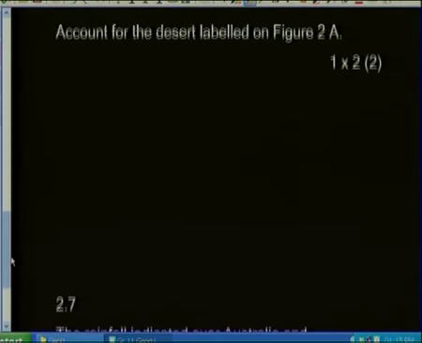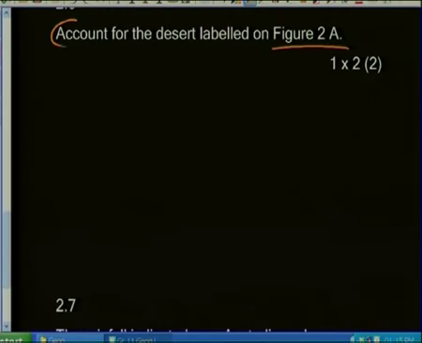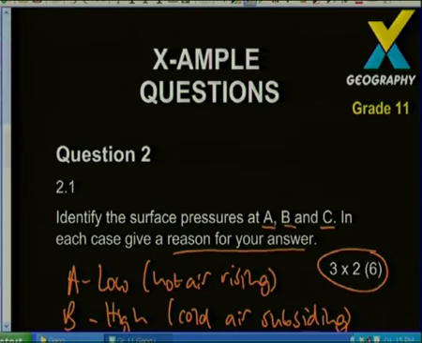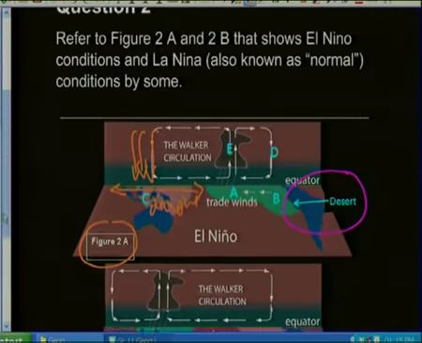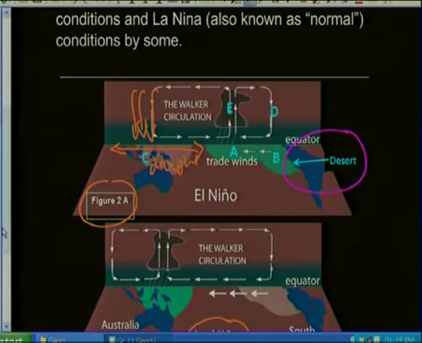Account for the desert labeled on figure 2A. Right? Account means give a reason for or say why it is so. So let's go back to figure 2.A and have a look over there. And we're talking about this desert over here that's been circled in pink. I must have explained that previously when we were talking about this diagram.